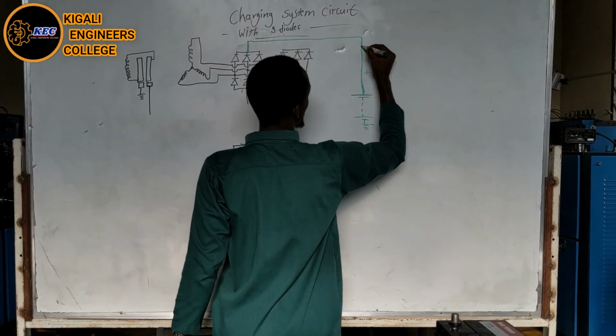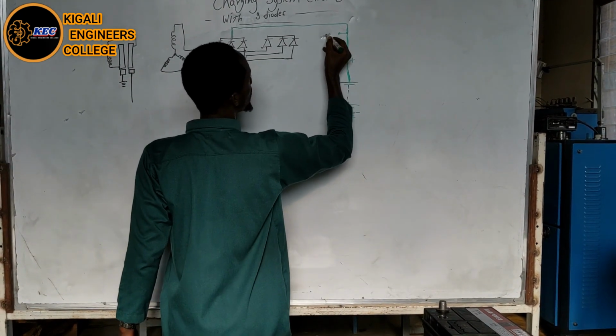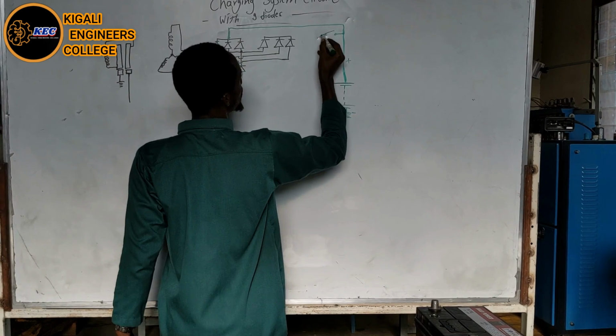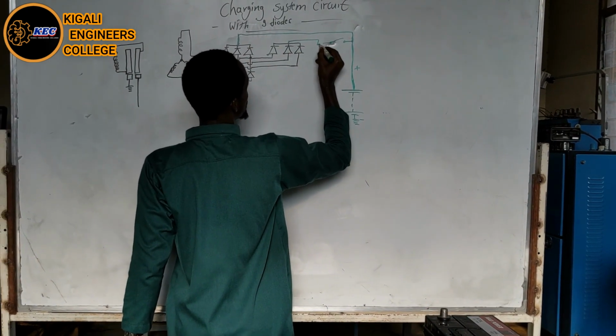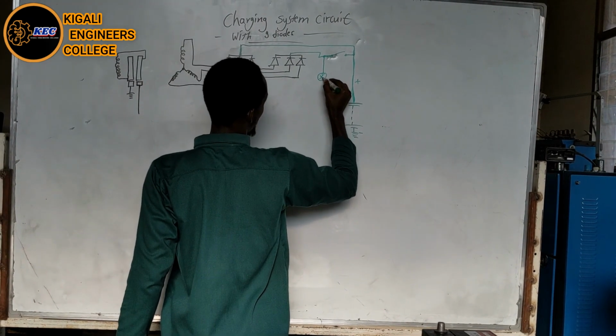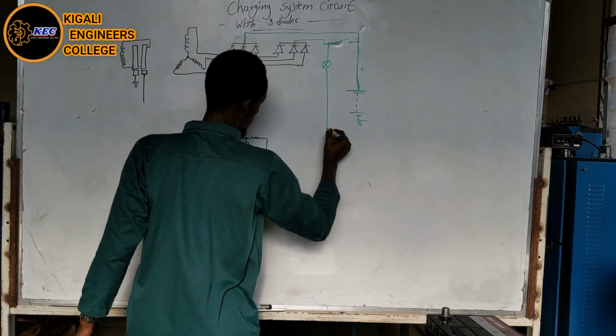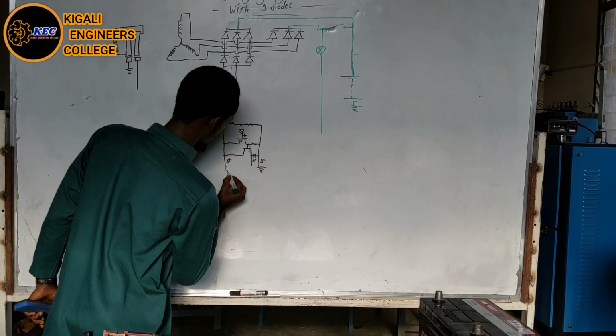And also here we have the ignition switch, which takes the current from this excitation. And also here we have the charging indicator lamp going up to this terminal.